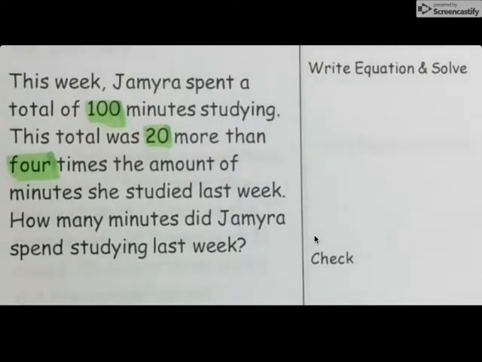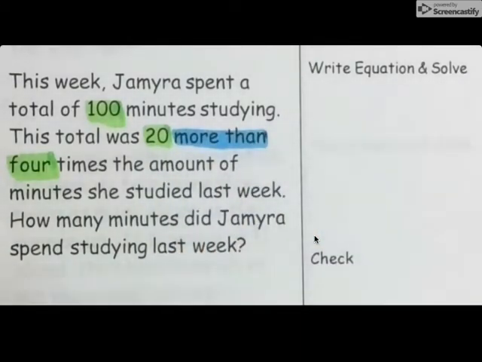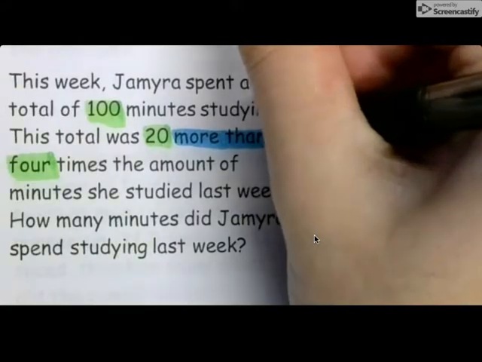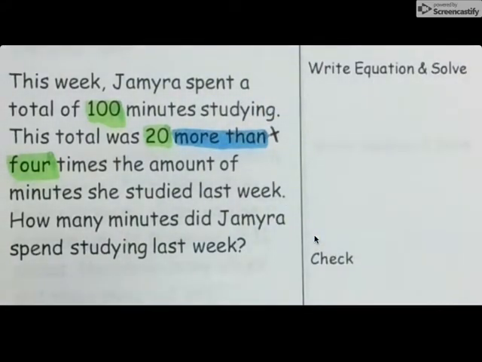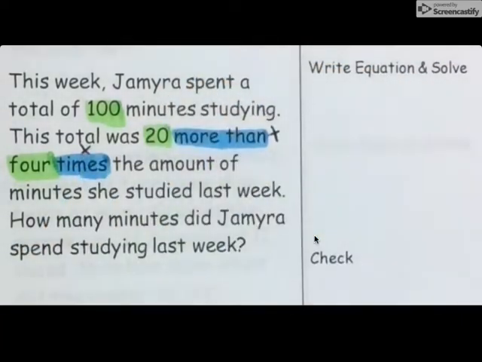Then I'm going to highlight all of my operators, the blue, the things that are telling me what I'm doing. So more than means plus, times means multiply. Okay?